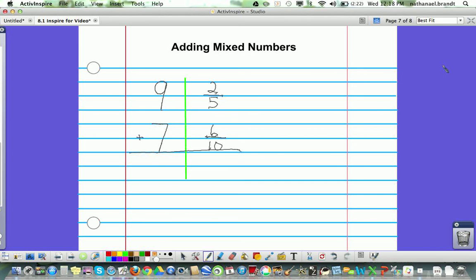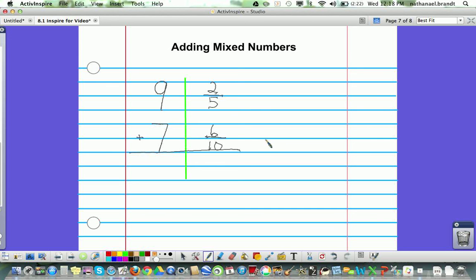And for our last problem here, we're going to be adding mixed numbers with unlike denominators. So we know that when you add fractions, your denominators should be the same. The size of the pieces you're putting together should be the same. We also know that there are different ways to do it. One is to do the quick common denominator.